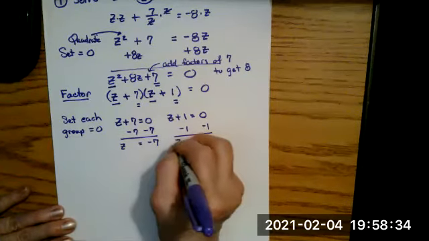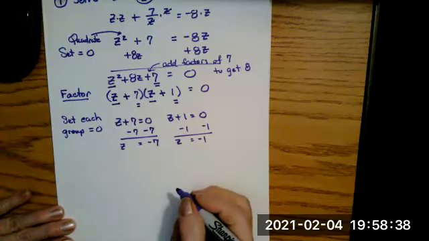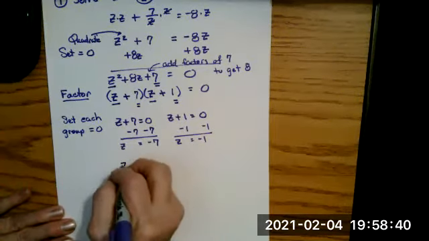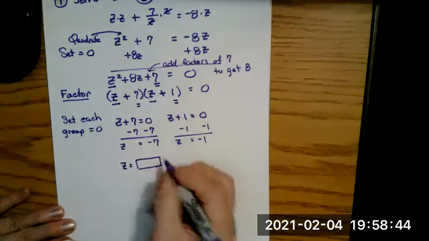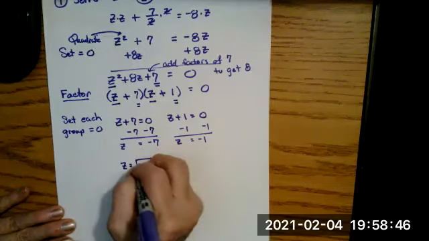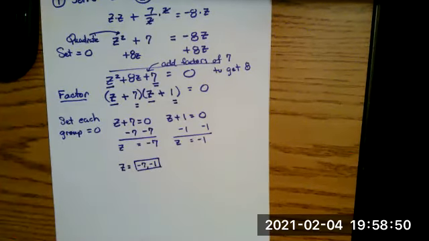Subtracting 1 gives me -1 for this answer. Now, I think on this one it says z equals, and it has a box. And you have to put these numbers in here. It doesn't matter what order you put them in, but you have to put a comma between them or it won't take it. So you have two numbers. Okay? Any questions on that?